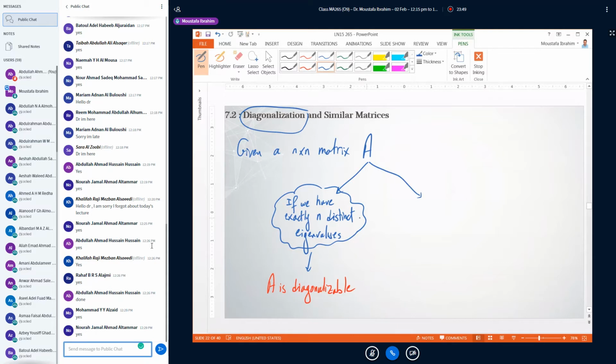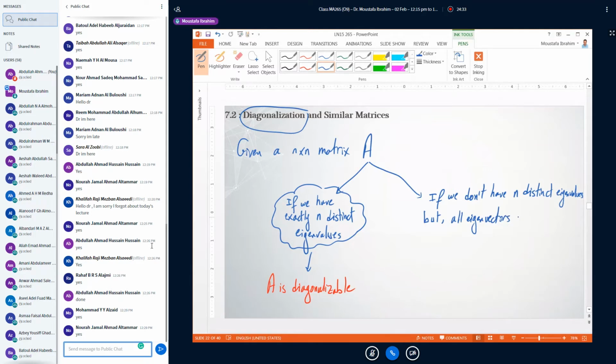What is the second case? If we don't have n distinct eigenvalues, it means we have fewer than n, maximum n. But now we move to eigenvectors.